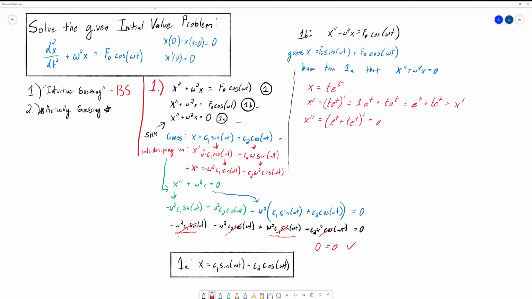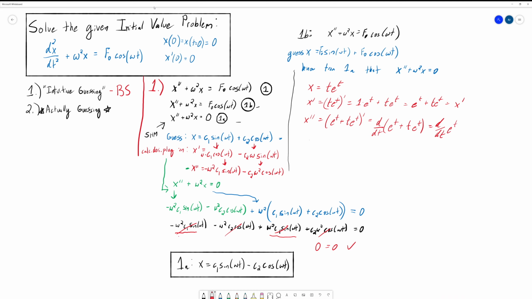Let me write it a little bit more formally: the derivative with respect to t of e to the power of t plus t e to the t is going to be equal to d, the derivative with respect to t. With respect to t, my pen is misbehaving.